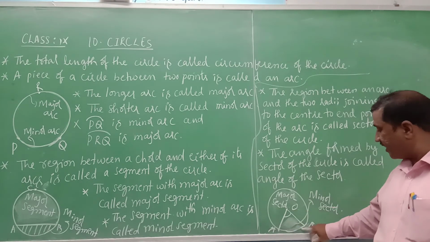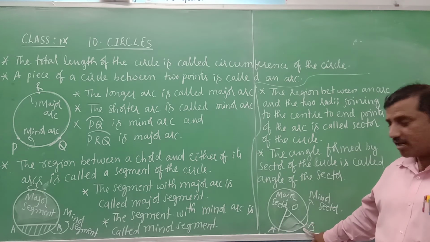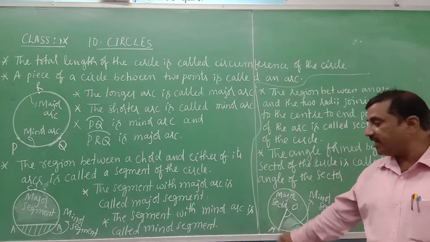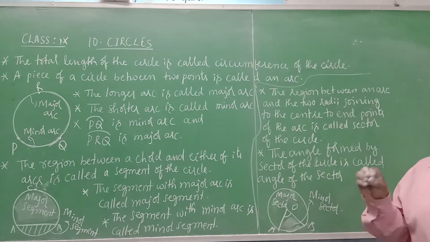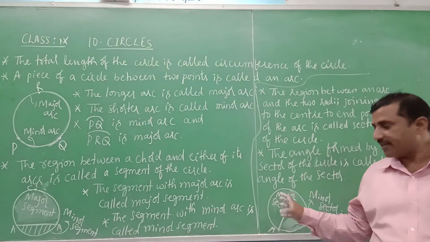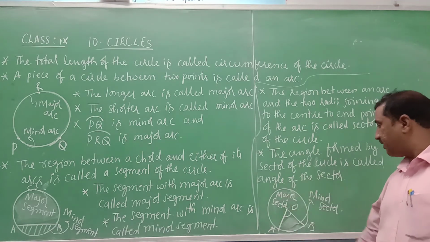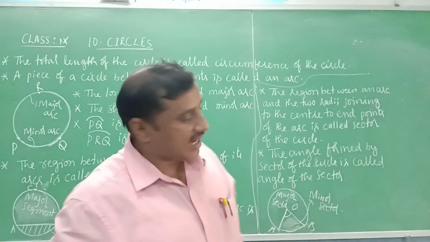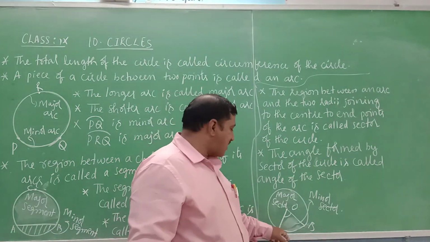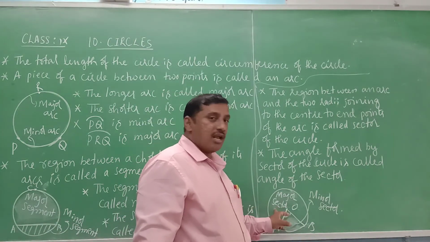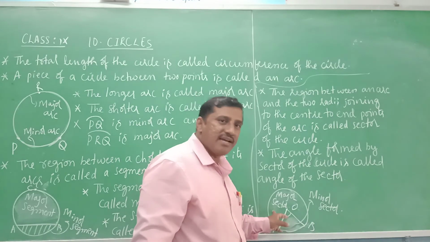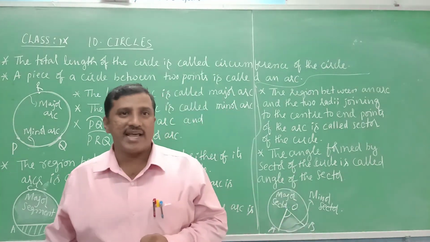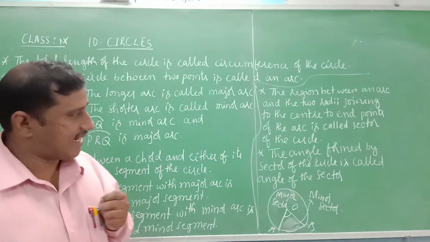So again here, a minor arc is there. That's why it is called the minor sector, and this is called the major sector. A sector with a minor arc is called a minor sector, and a sector with a major arc is known as a major sector. Or in terms of area, a sector with a larger area is known as the major sector. A sector with a smaller area is known as the minor sector.